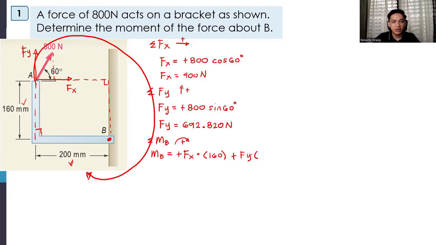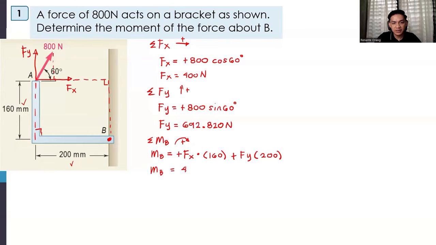So ilagay natin dito Fy multiplied by 200. So let us substitute the value of our Fx and Fy. We have MB is equivalent to Fx po natin is 400 Newton multiplied by 160 millimeter plus Fy po natin is 692.820 Newton multiplied by 200 millimeter.